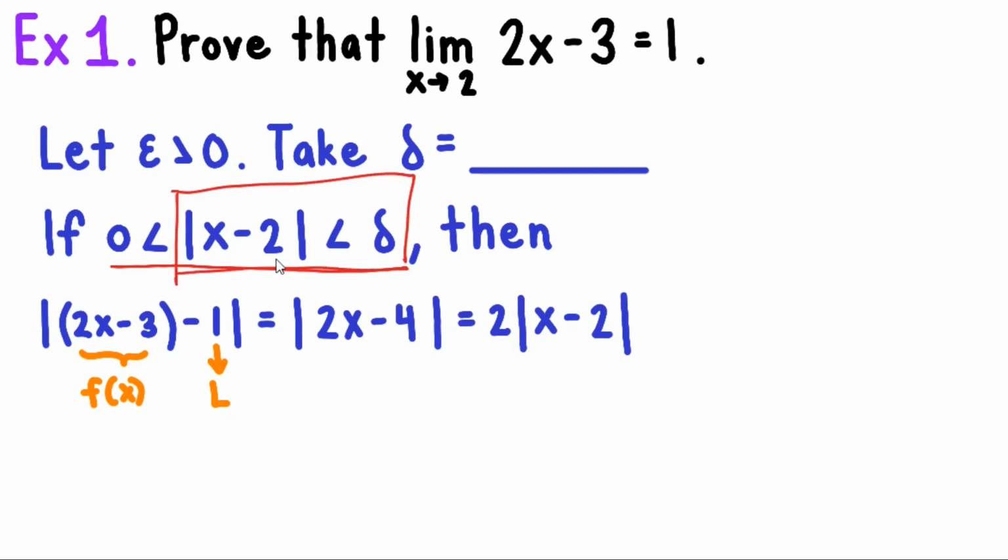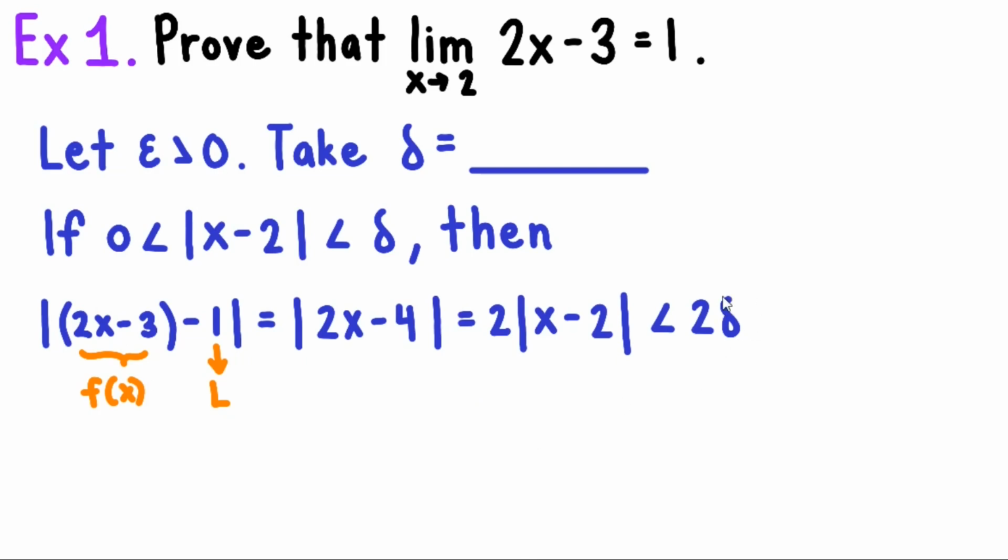We know that the absolute value of x minus 2 is less than delta. This means that this part is less than delta, so this whole expression is less than 2 times delta. Now again, keep in mind that our goal is to make the absolute value of f of x minus L less than epsilon.